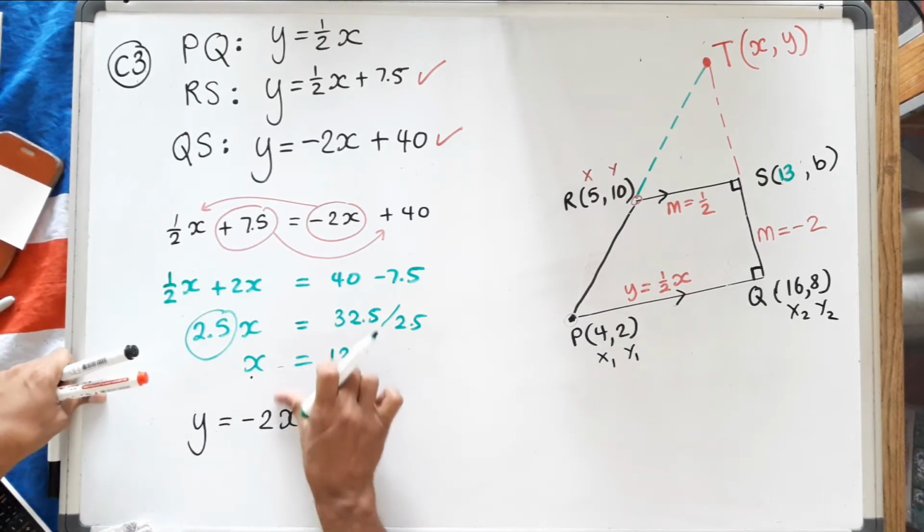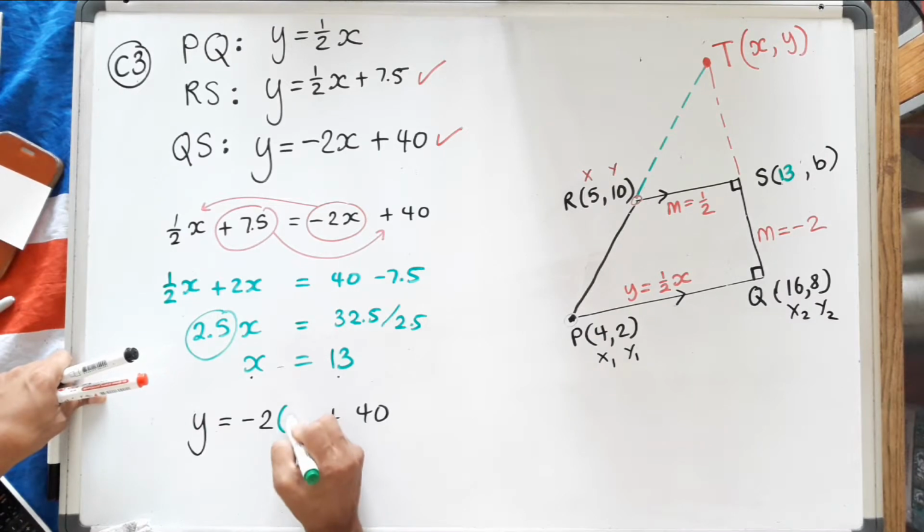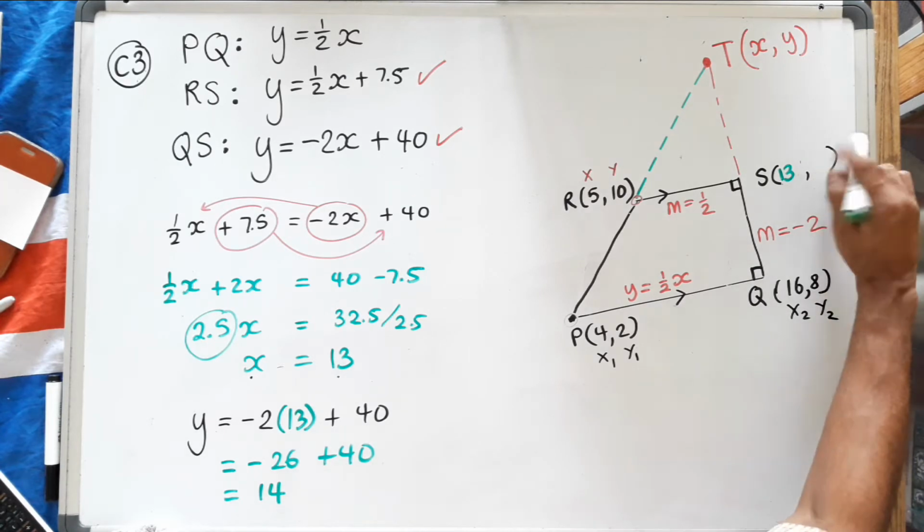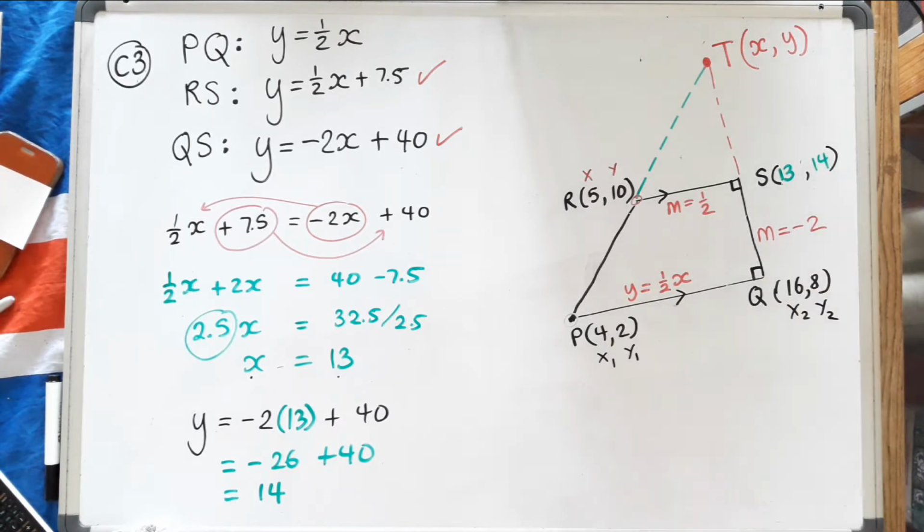Go over here, erase x, replace it with 13, work this out, it will give us the corresponding y value. Minus 26 plus 40. I got 14. I should have been able to do that in my head. So B is 14. 13, 14.